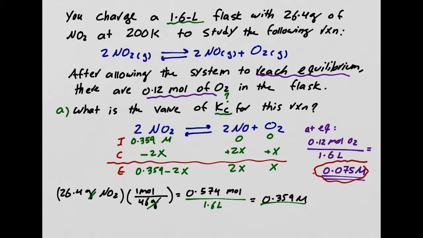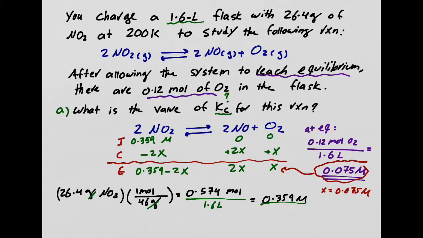So what is my x? My x is 0.075 molar. I'm going to go over it one more time. At equilibrium, I know this is the concentration of O2. When I come over here, at equilibrium, O2 is just x. So 0.075 is going to be my x.